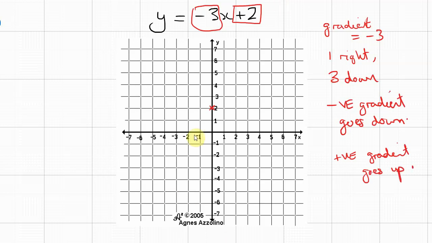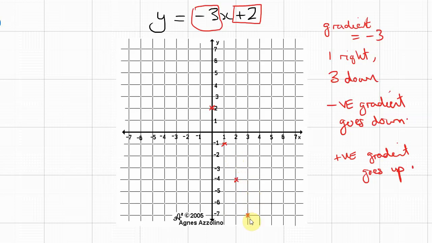So 1 to the right and 1, 2, 3 down. 1 to the right and 1, 2, 3 down.